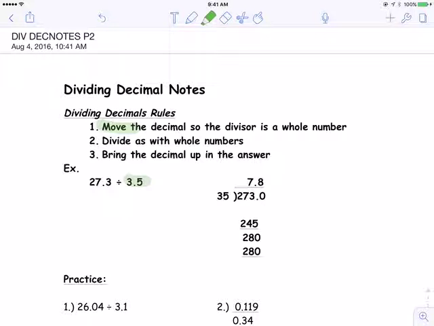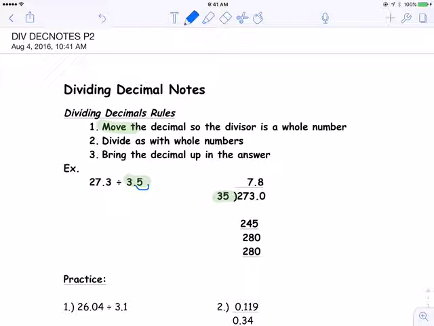So if you look at the first example, 3.5 is the divisor. When we do that, we change it to 35 because we want to move the decimal over one place to the right so that it is a whole number. Okay?